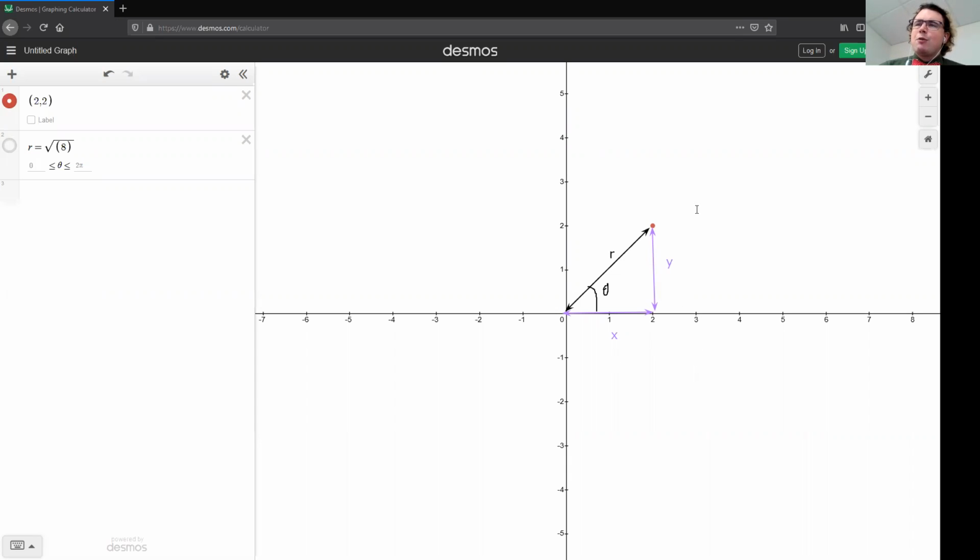But these things together form a right triangle. And I can convert between them using trigonometry.